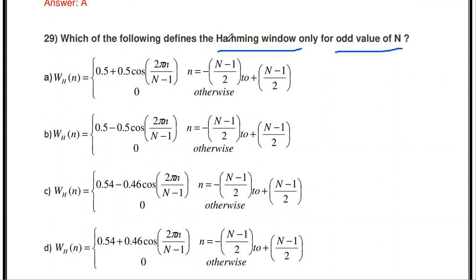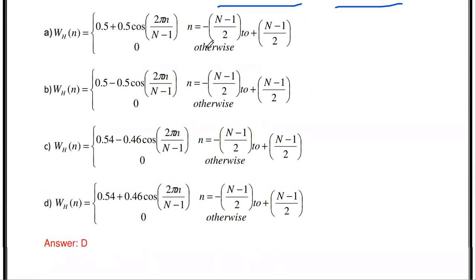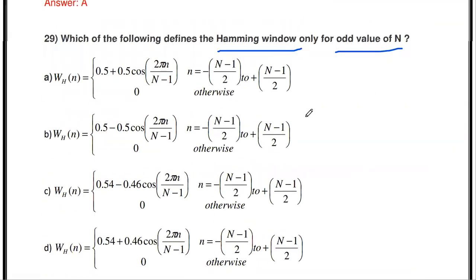For the Hamming window, if N is odd, the formula is w_H(n) equal to 0.54 plus 0.46 cos(2 pi n by N minus 1), for n from minus (N minus 1) by 2 to plus (N minus 1) by 2, and 0 otherwise. This formula is valid for N odd.